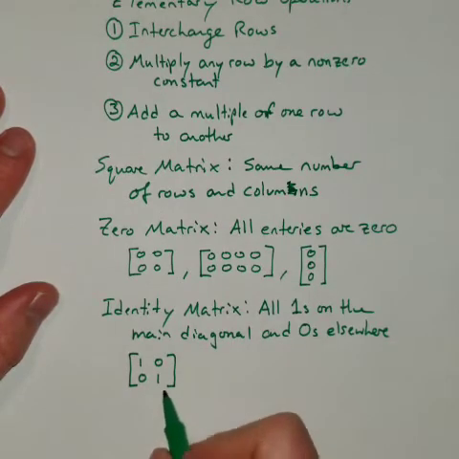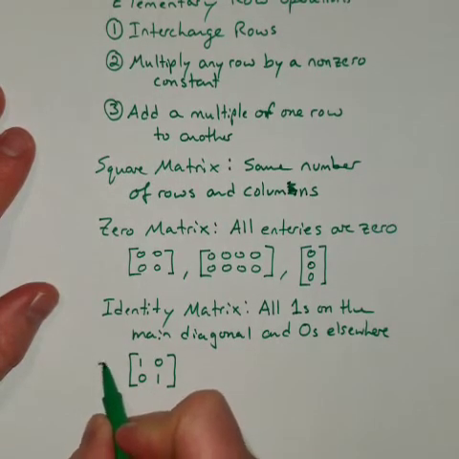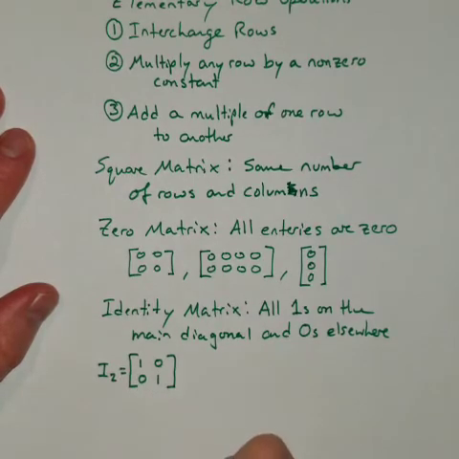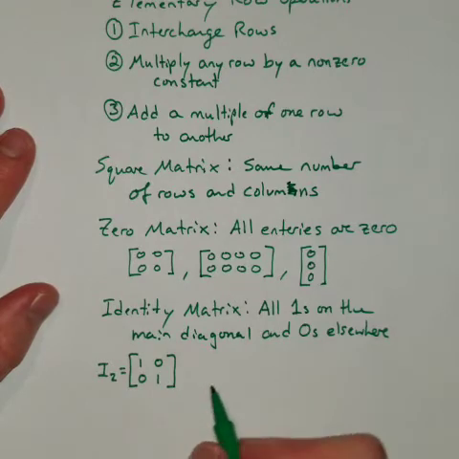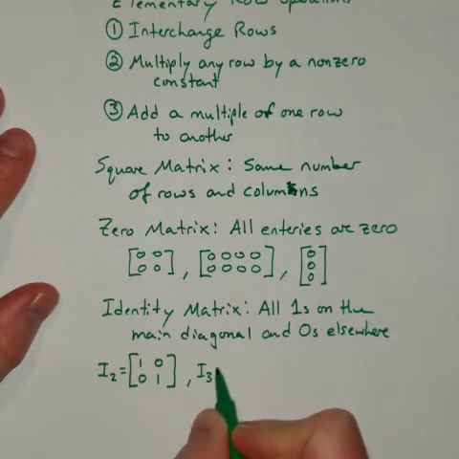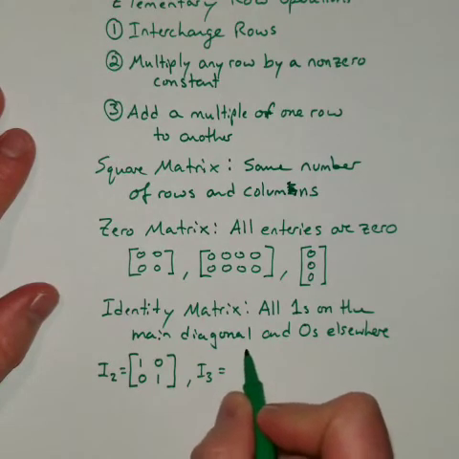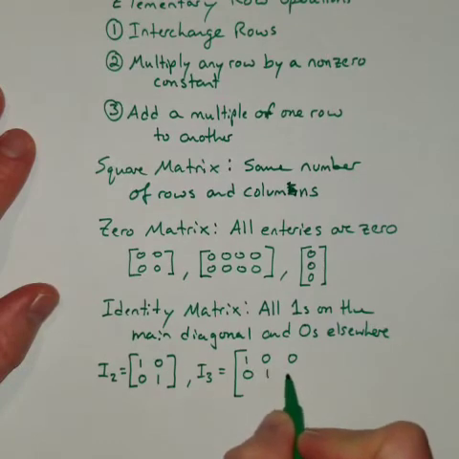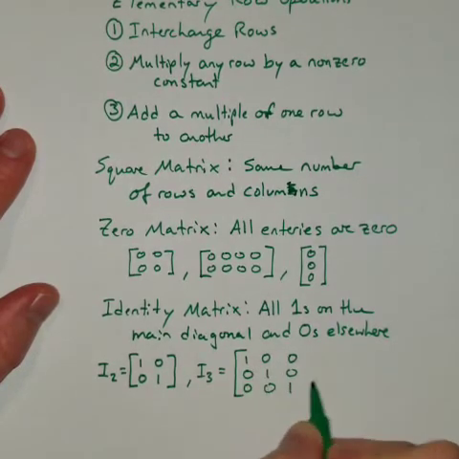This is actually what we would call I sub 2 because it's a 2 by 2 matrix. Identity matrices must be square matrices. So you could have I sub 3, a 3 by 3: 1, 0, 0, 0, 1, 0, 0, 0, 1.